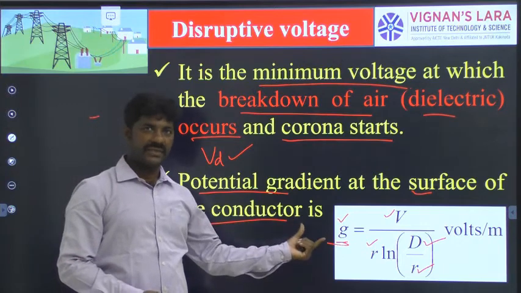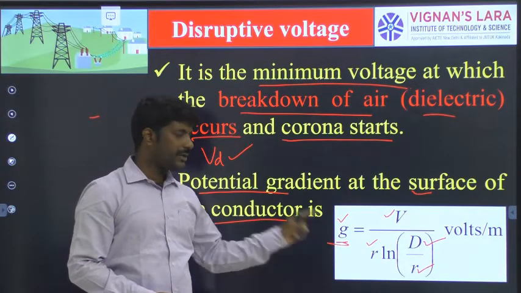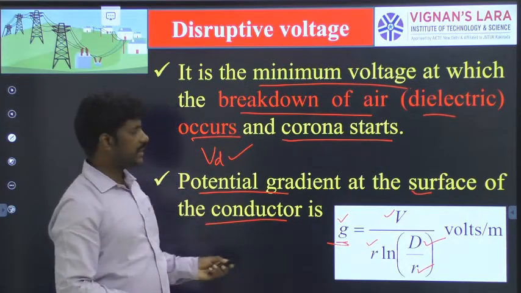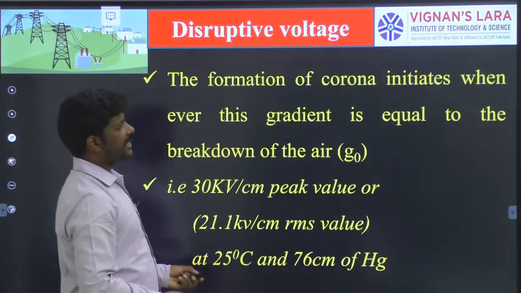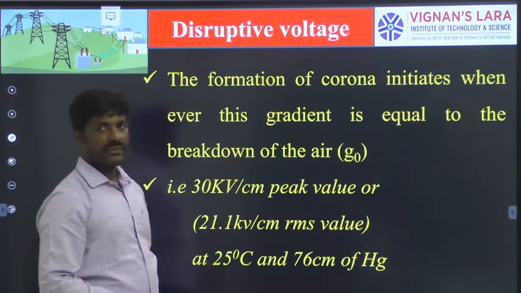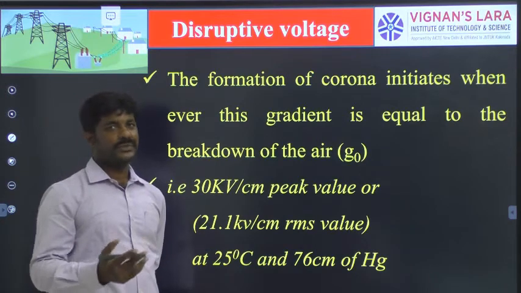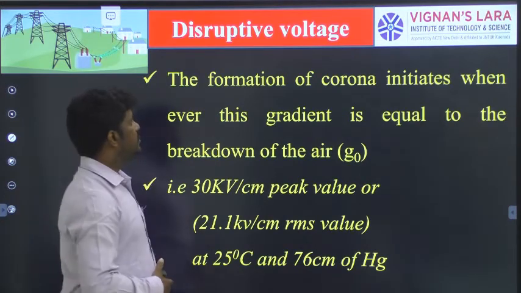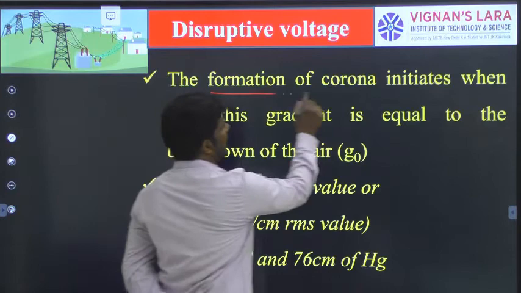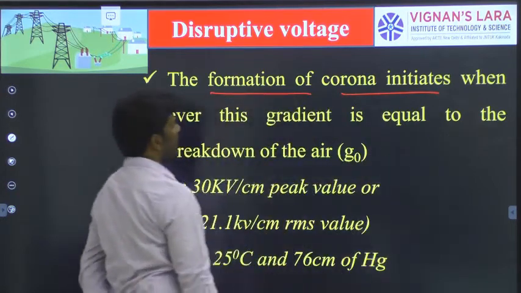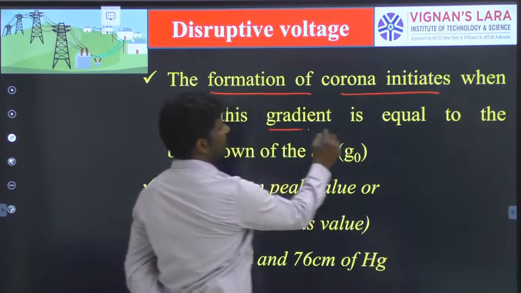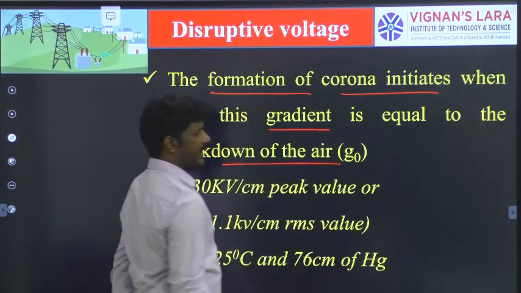From the basics of electrostatics, we came to know this potential gradient. With its help, we can find the magnitude of the disruptive critical voltage. The formation of corona is initiated whenever this gradient is equal to the breakdown strength of the air.